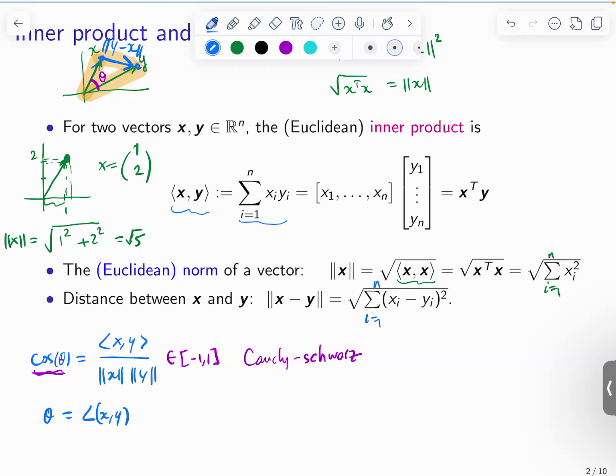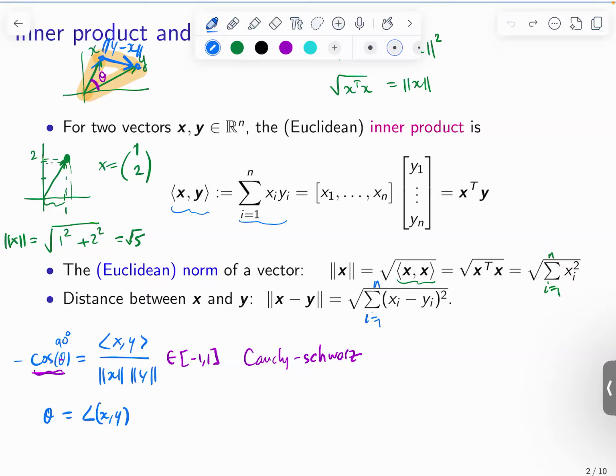So orthogonality means the angle is 90 degrees. What happens if the angle is 90 degrees from this? Yes, inner product 0. So angle 90 degrees means that the cosine is 0, right?